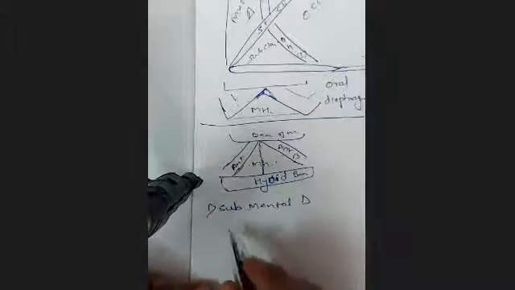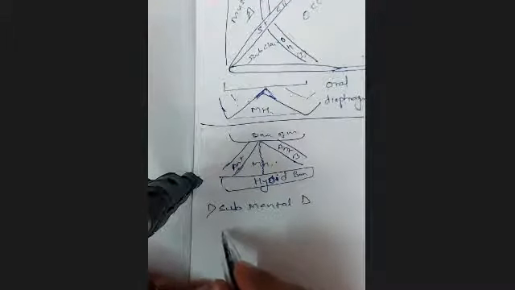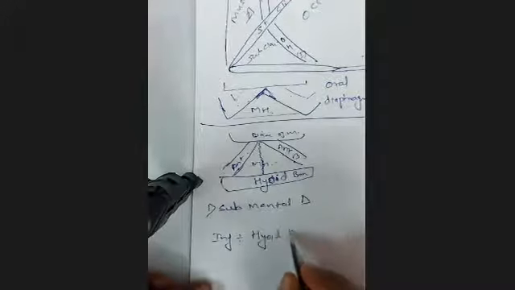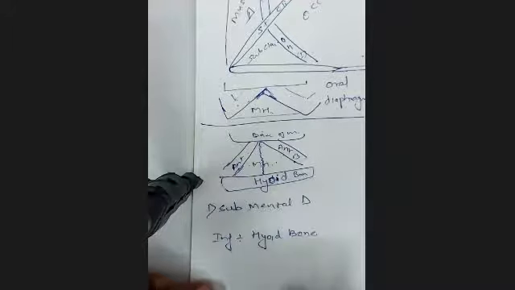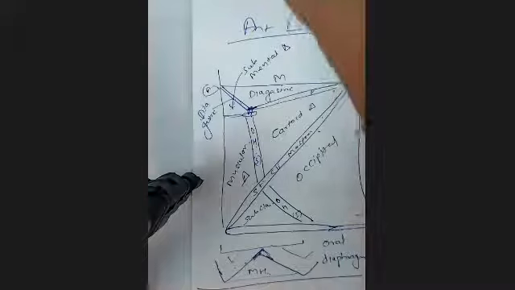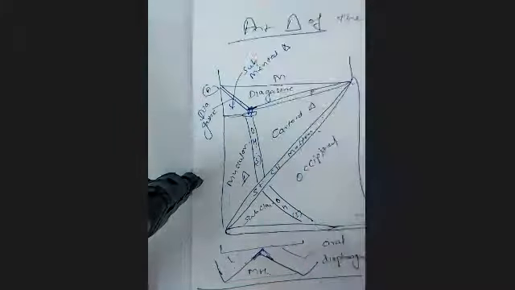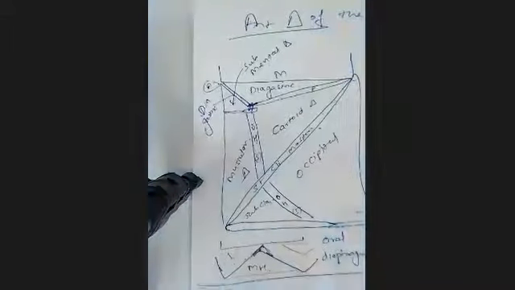The boundaries will be, inferiorly, there will be the hyoid bone. And on both sides of this triangle, each side, there will be the anterior belly of digastric.